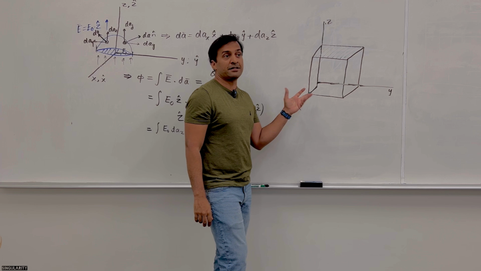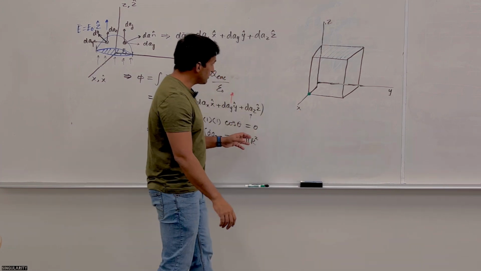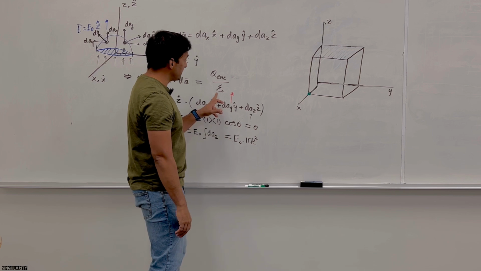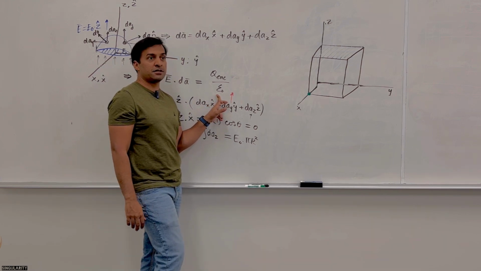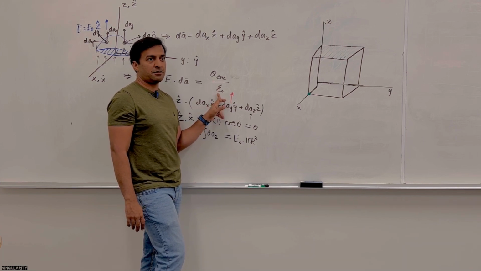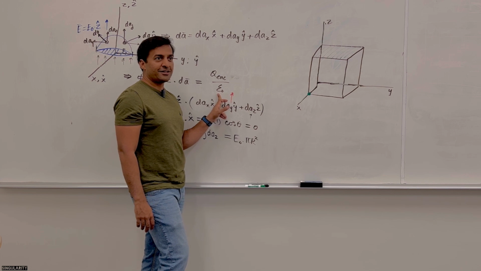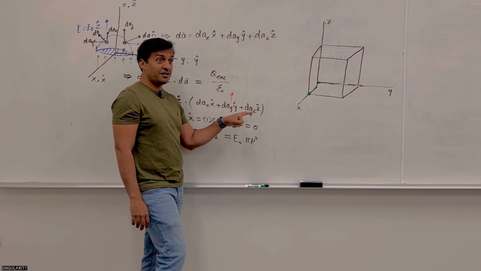The cube has 6 surfaces. Total flux through all the surfaces is this one. What will be the flux through one surface of that bigger cube? Total are 6, so this will be 1/6 of Q divided by epsilon naught. What we are looking at is the flux through one surface of a smaller cube.